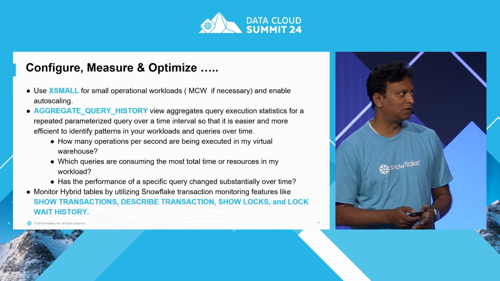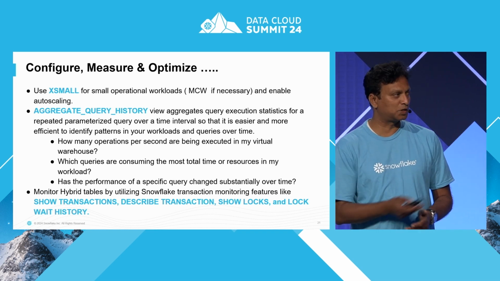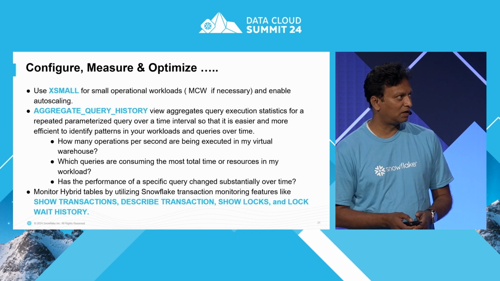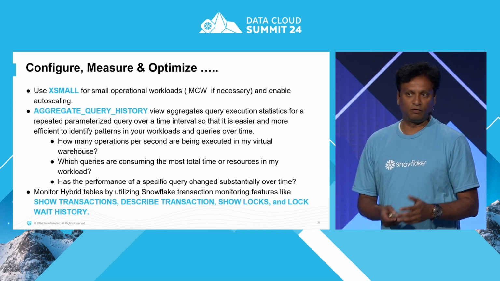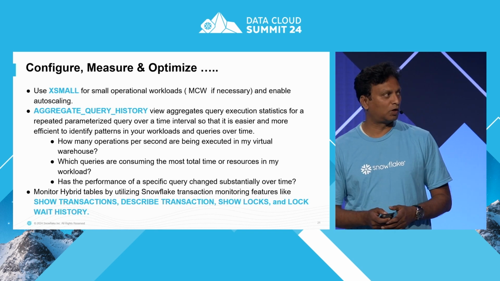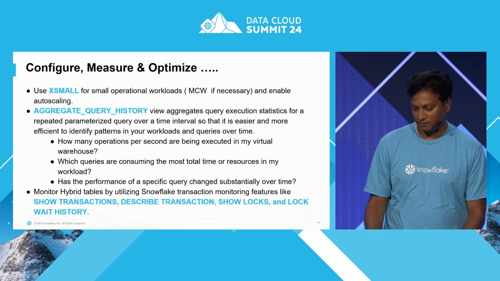And monitor hybrid tables. How do you monitor hybrid tables? As we said, we provide some functions like show transactions, show logs, describe transactions, whatever Dimitris showed you. If you want to monitor how you're doing, what the performance is, those are the key functions you need to watch.